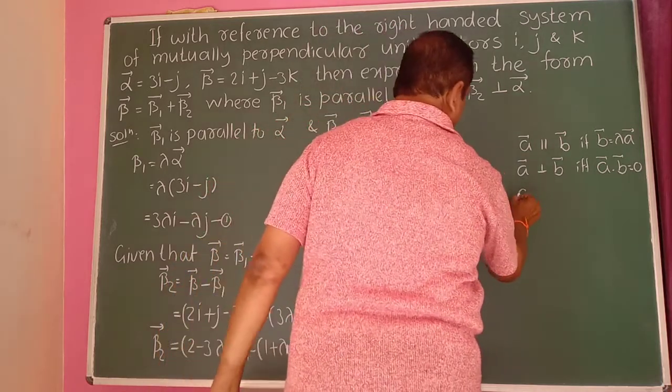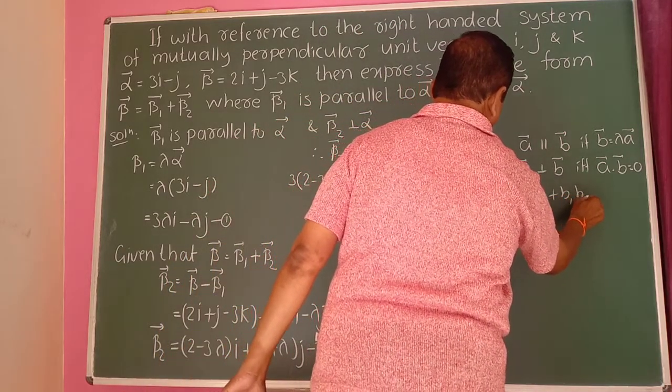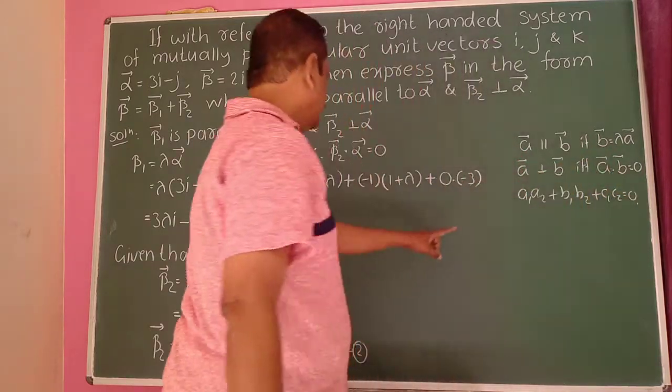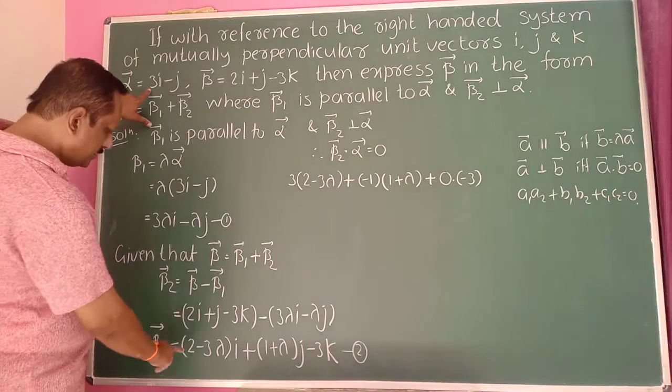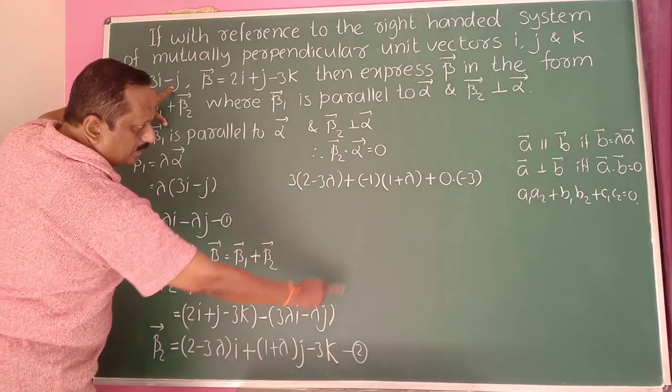You are using the formula a1 a2 plus b1 b2 plus c1 c2 is equal to 0.